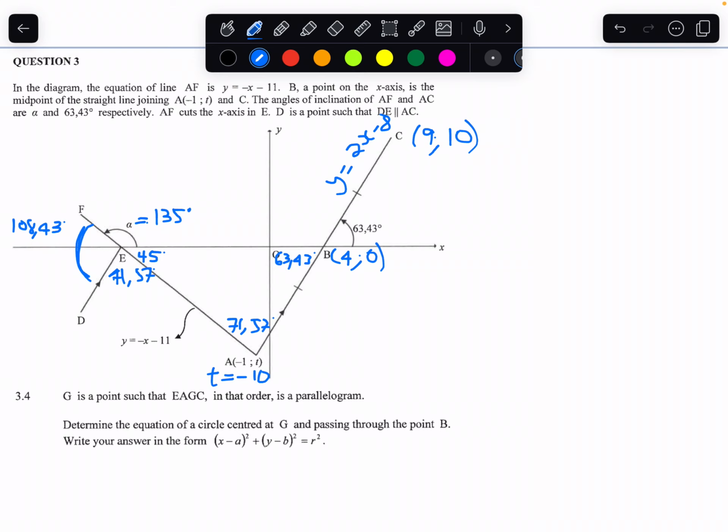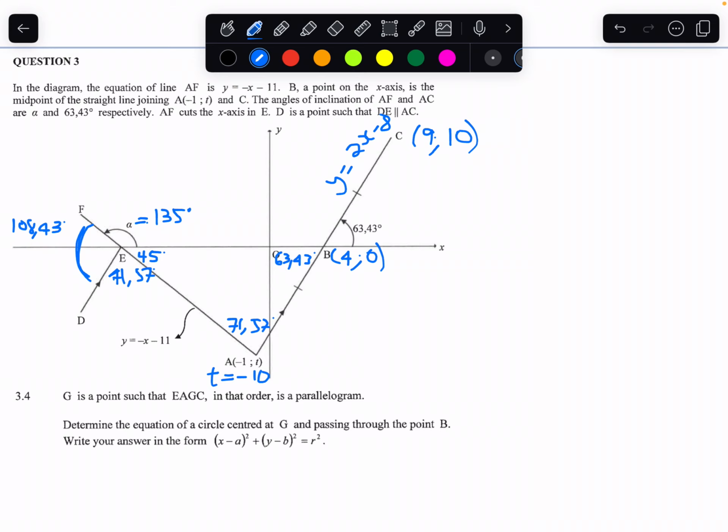Whenever we name our quadrilaterals, we always follow the order of the vertices. So EAGC is a parallelogram. Determine the equation of a circle centered at G and passing through the point B.